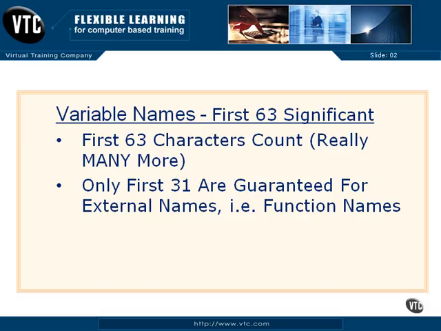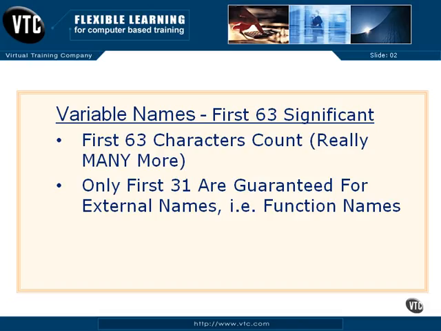In reality, though, today's compilers, for example our Microsoft C compiler, will go out 2,048 significant characters. If you have a variable name that is 2,048 characters, you need to start your programming career over again, because there are other issues involved. So as far as the standard is concerned, 63 characters count, but there are really many more.